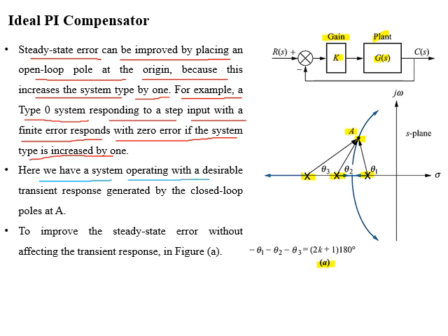Here this system is operating with the desired transient response generated by the closed loop pole at location A. Now we have to improve the steady state error without affecting the transient response.